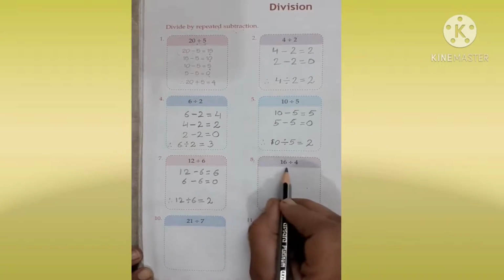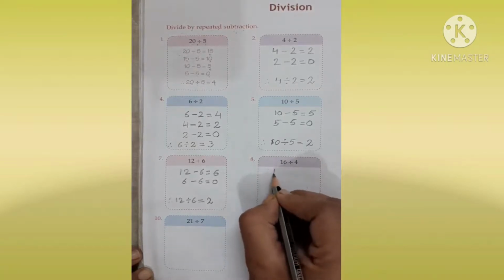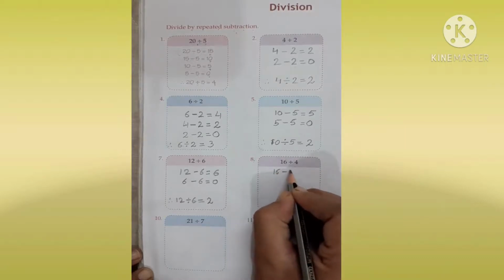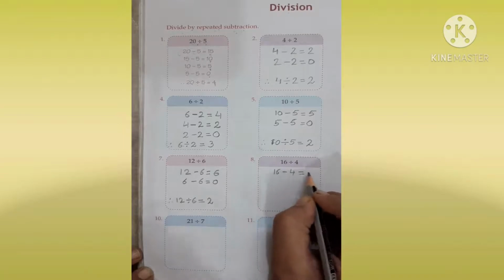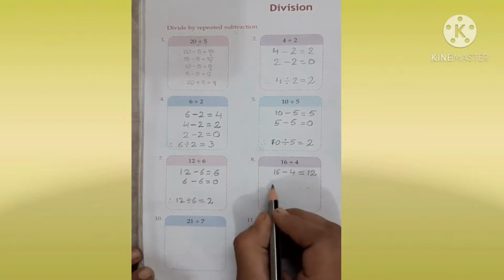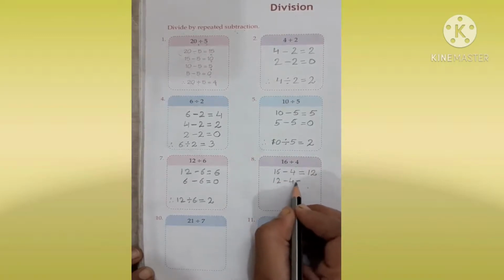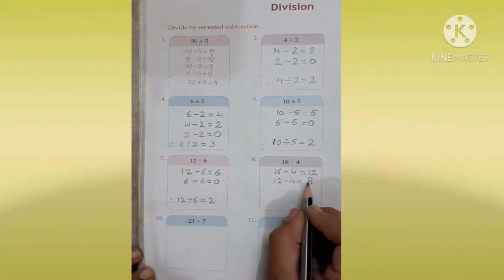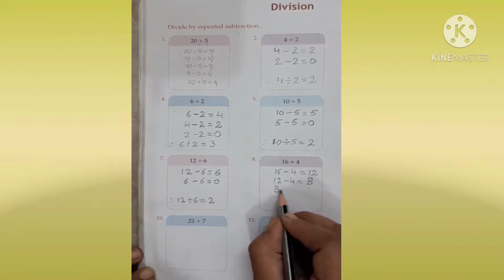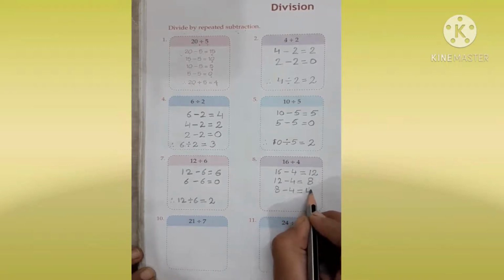Question number 8. 16 divided by 4. 16 minus 4 is equal to 12. 12 minus 4 is equal to 8. Now write 8 here. 8 minus 4 is equal to 4.